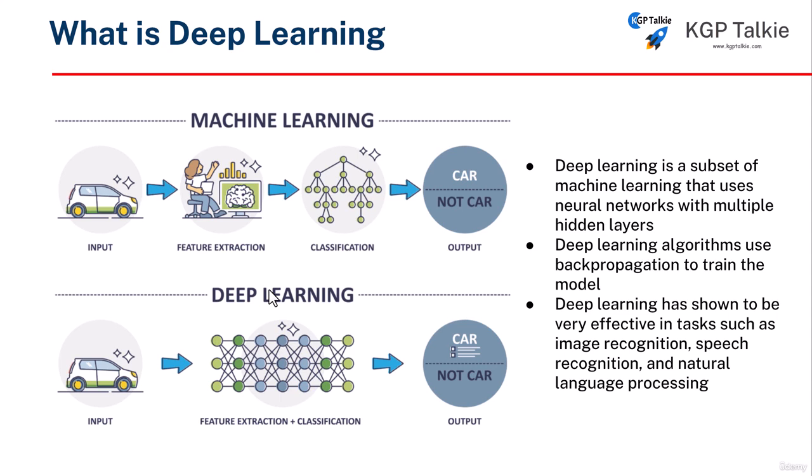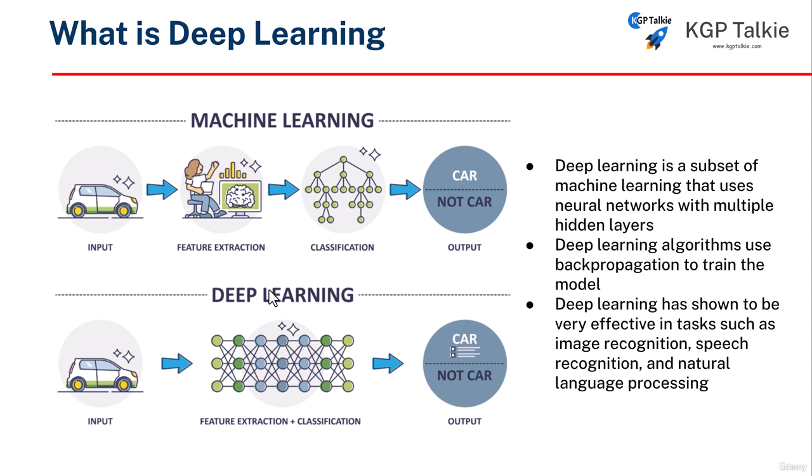In the case of deep learning, we are talking about CNN, RNN, LSTM, and GRU, and many other types of deep learning models which use neural networks. These deep learning algorithms are capable of learning complex representations, or you can say complex input. They can find hidden patterns in the data which traditional machine learning models may not be able to find.